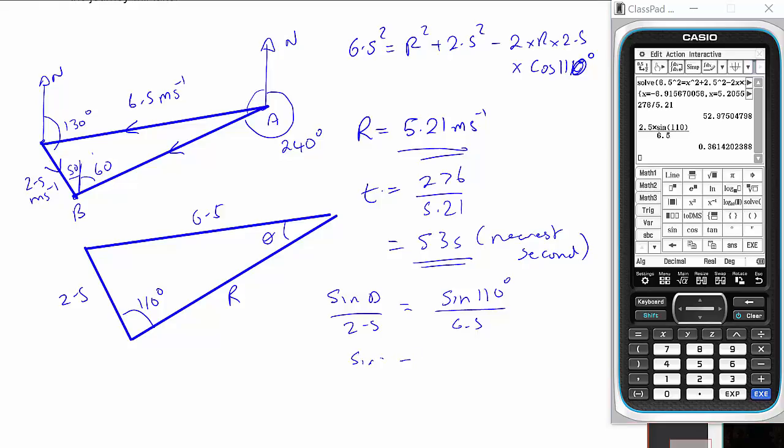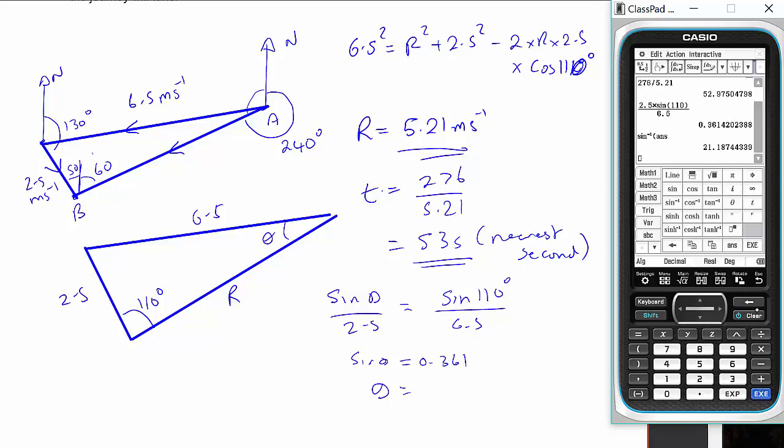So sine theta is equal to 0.361. So theta is going to be the inverse sine of that. So inverse sine of my last answer is approximately 21 degrees.